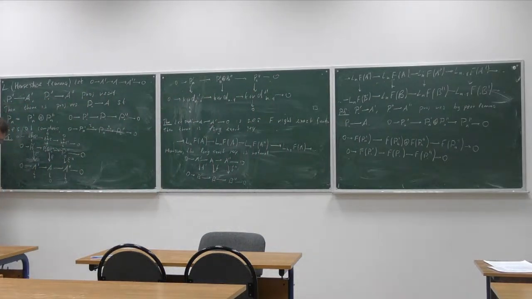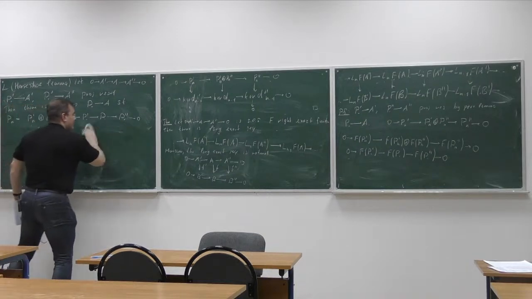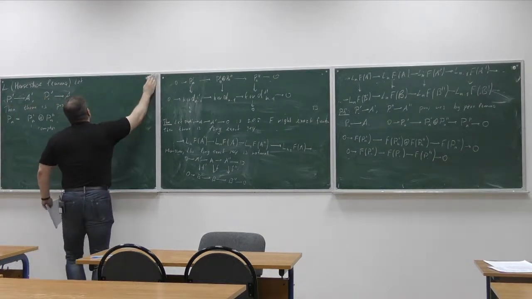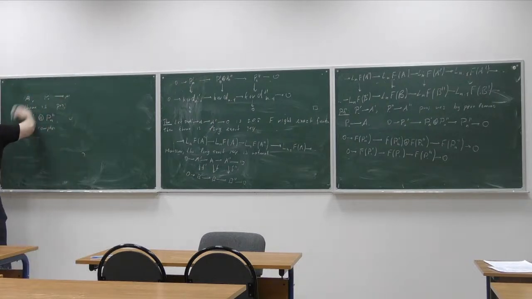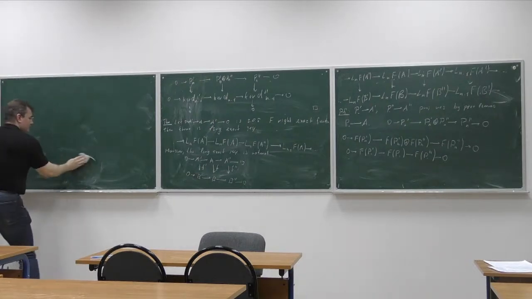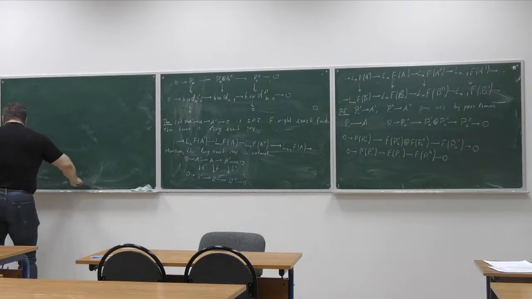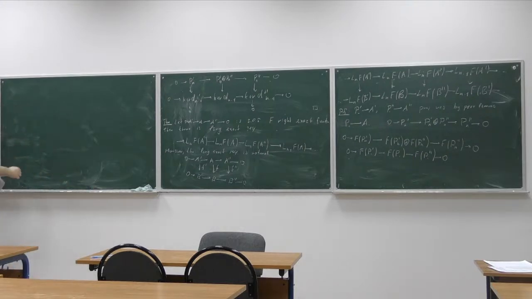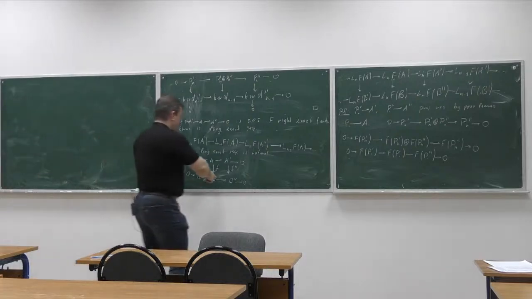So we need to show that the moreover part is also true, and this is where we need to do some computations. Let me assume that I also fix the resolutions for the second exact sequence.